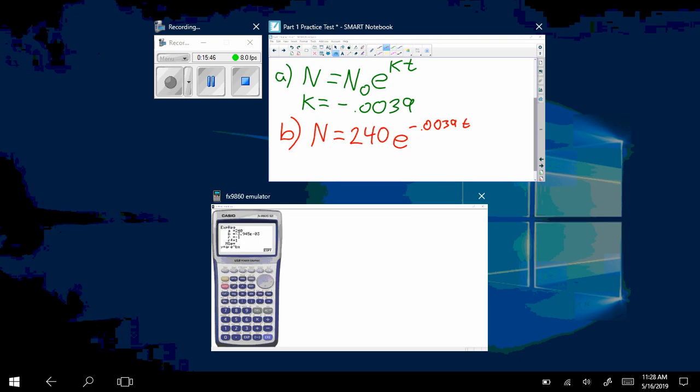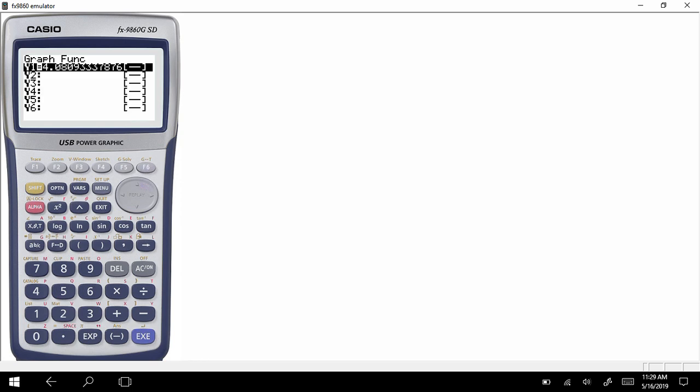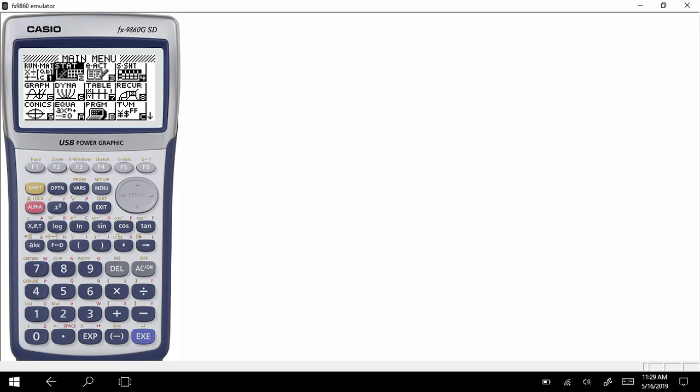Then the next part says, what would the mass be after 17 days? So you've got options. You can either retype this equation, which you'd probably type rounded, or you can copy it and paste it. And then again, you could do table, but this time let's go to graph.